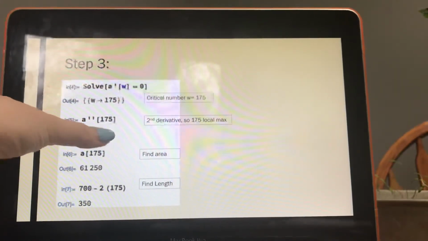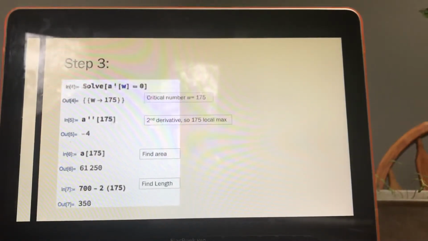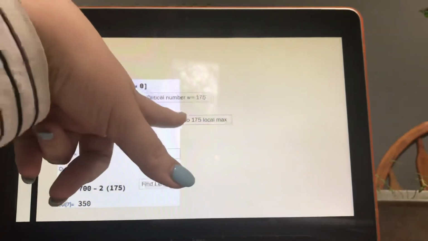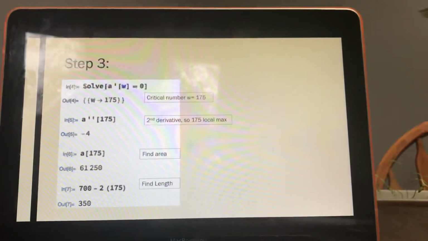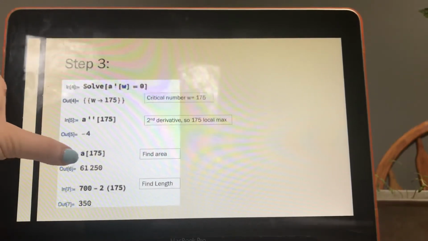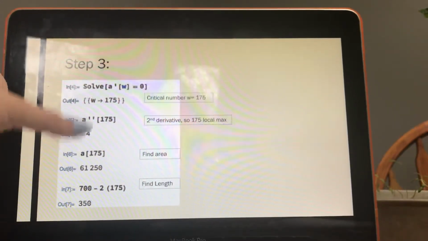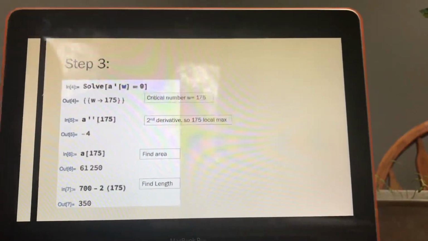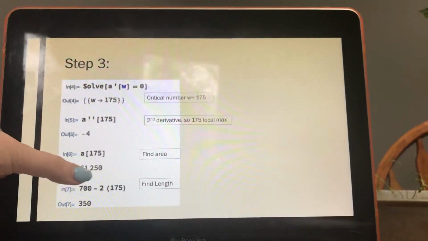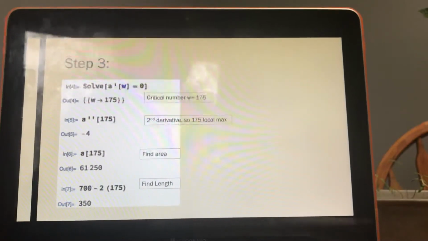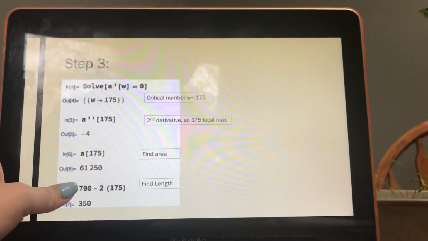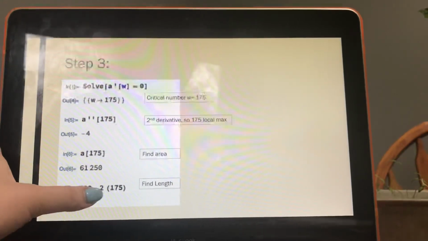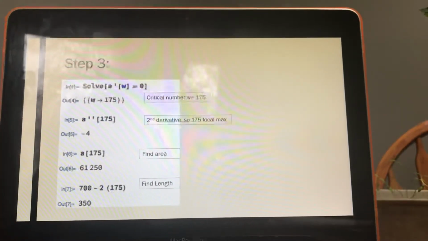So A double prime of 175 gives us our second derivative of -4. So 175 is our local max. Then I found the area, A(175), which is 61,250. After you found the area, it's time to find the length. So we have 700 minus 2 times 175, which gives us that 350.